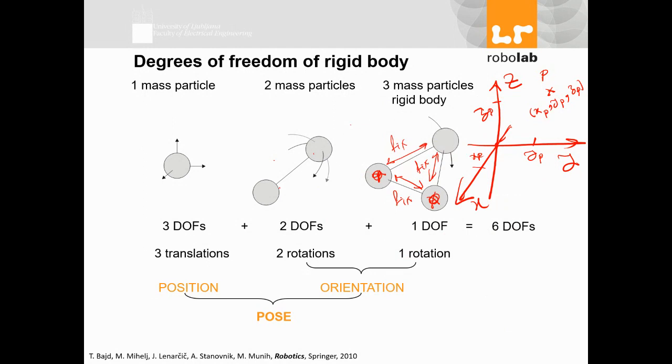So you see that when you have a combination of 3D objects, particles connected together, the way you connect them and the way they can move will make our math, our geometry, slightly trickier, so we have to define other things as well.